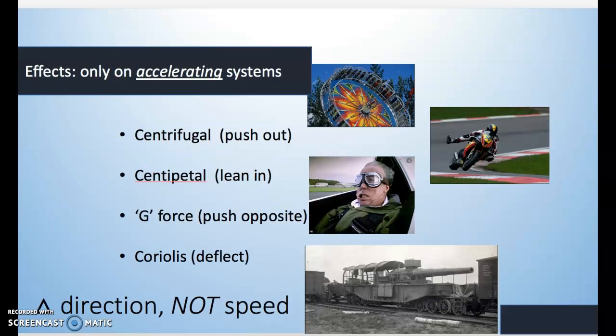You remember this slide. Some other types of fake forces in physics include things that you know every day. When you go to an amusement park, centrifugal force keeps you from flying out of the tilt-a-whirl.